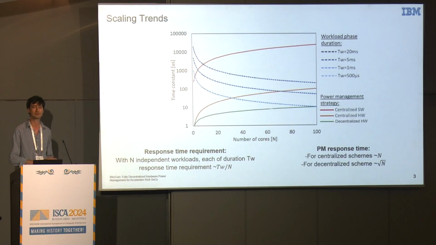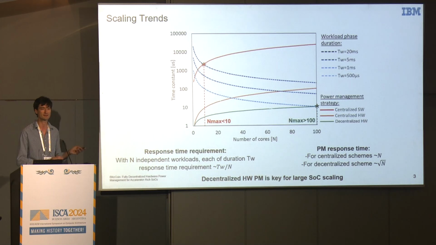And conversely, we've said that centralized schemes, either in software with the red line or in hardware with the orange line, scale linearly with the number of cores. Note that the y-axis is in a log scale. Whereas, as we will see next, our proposed decentralized scheme scales roughly with the square root of n.